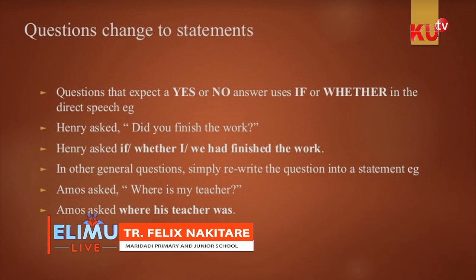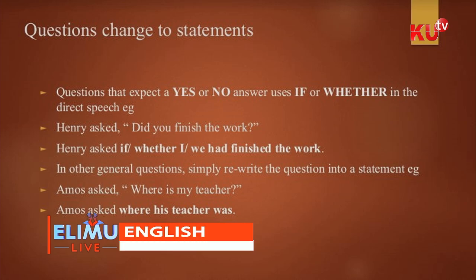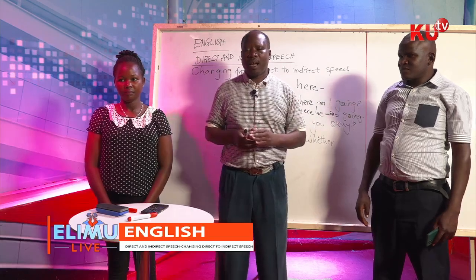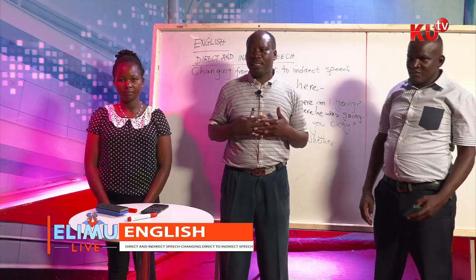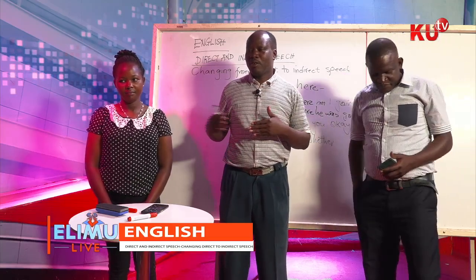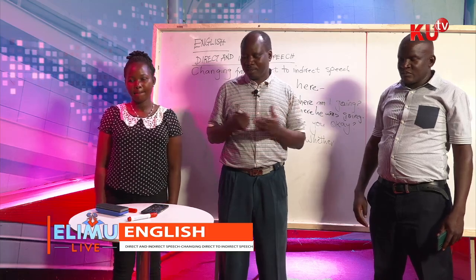Then we demonstrate how we can change from direct to reported speech. My friend here, Mr. Umala, will become the teacher. Then I'll be the person reporting to Madam Jemima. And let me just give each of them five seconds to say their names.